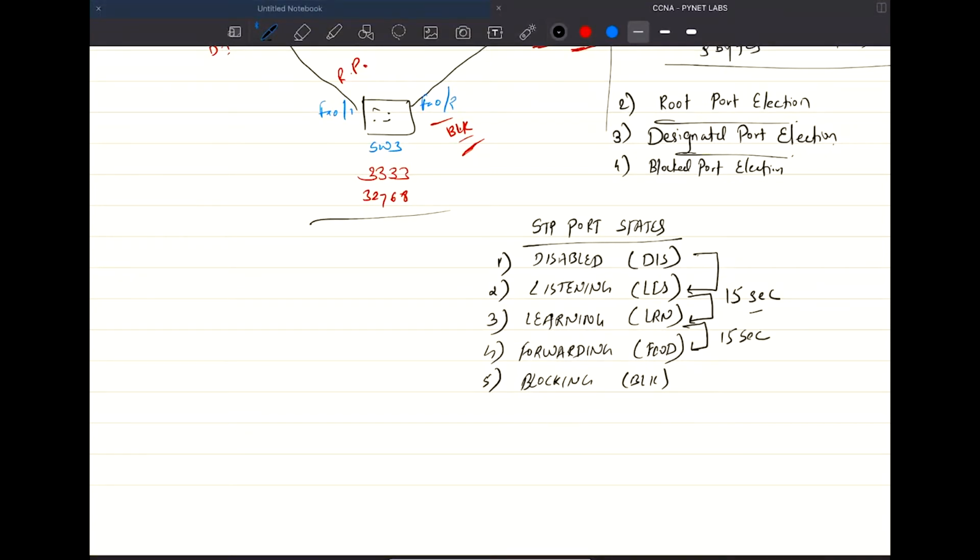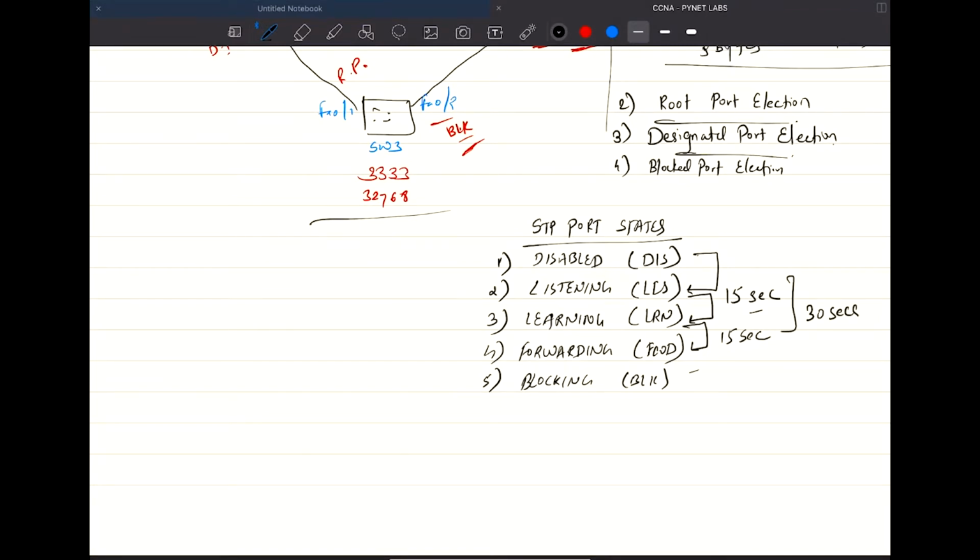Forwarding mode is the only mode where traffic can be forwarded by a switch port. It also participates in BPDU exchange and builds the MAC address table. So from disabled to forwarding, collectively it takes 30 seconds.